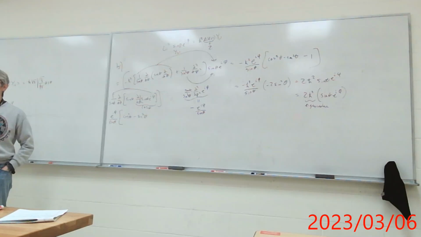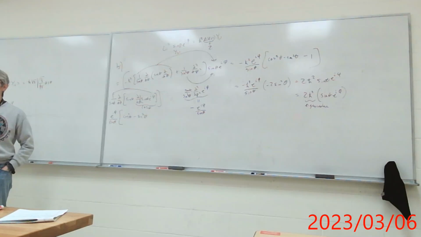And r cross p in coordinate space looks like r cross h bar over i del. Sorry, where's my brain?